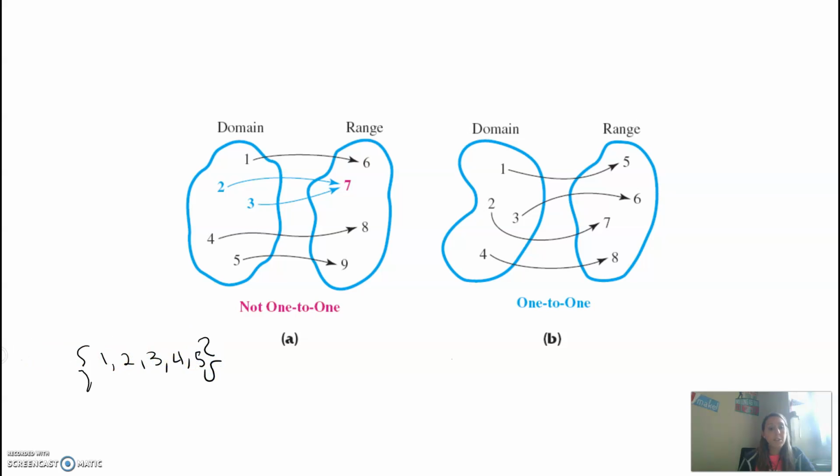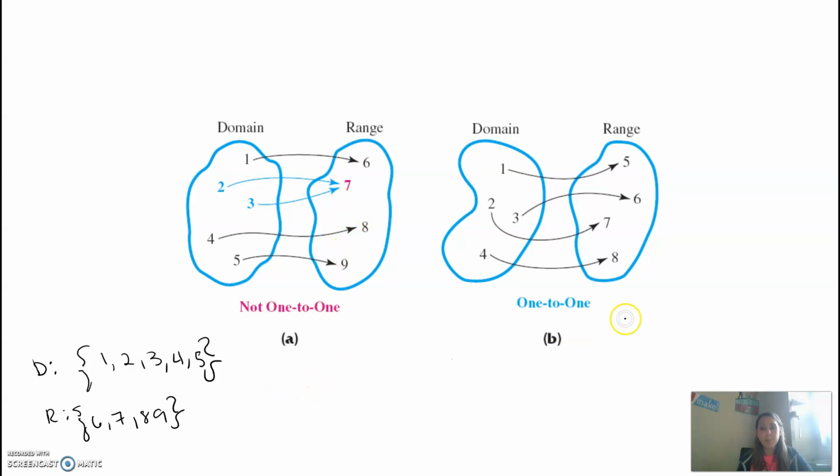That's the domain. And then the range would be 6, 7 (repeated, so I don't need to write it again), 8, and 9. So we've got five elements in the domain, but only 4 elements in the range.